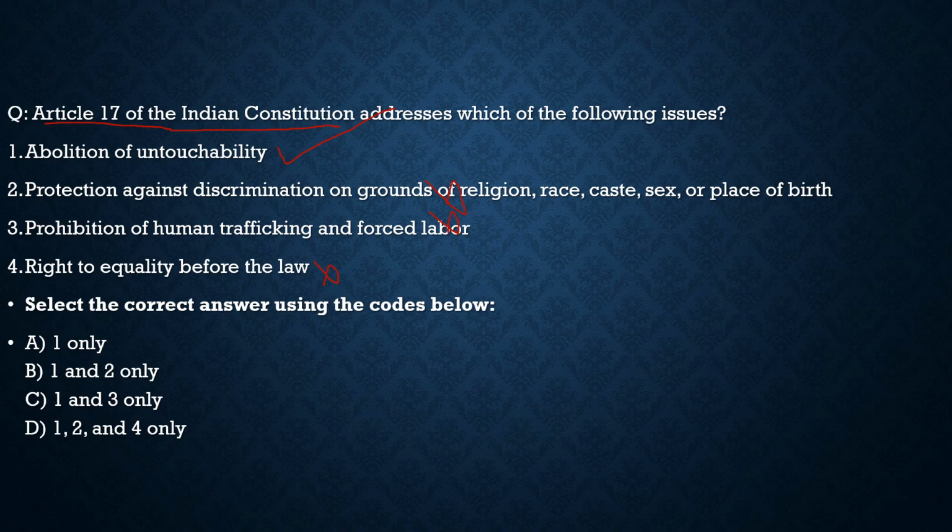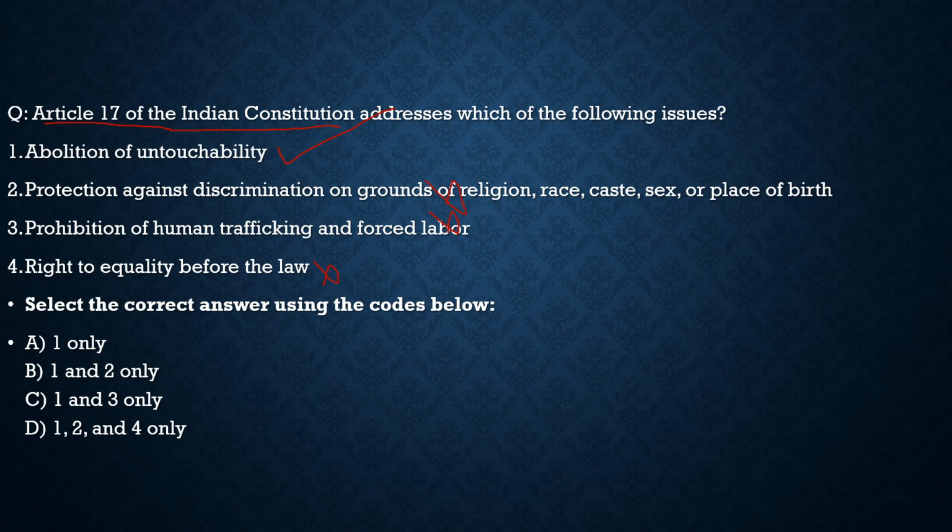Unfortunately, our country was involved in this great social evil, that untouchability was prevailing in our country, and by Article 17 it has been totally abolished. But this article itself is not absolute, it can be restricted for certain reasons. For example, during the COVID-19 pandemic, those people who had the infection were told to go for quarantine.